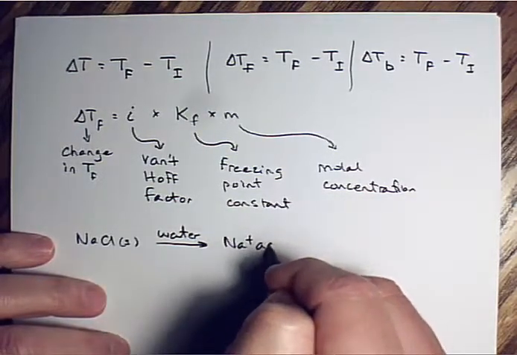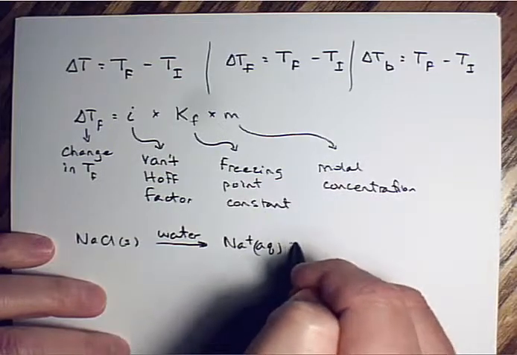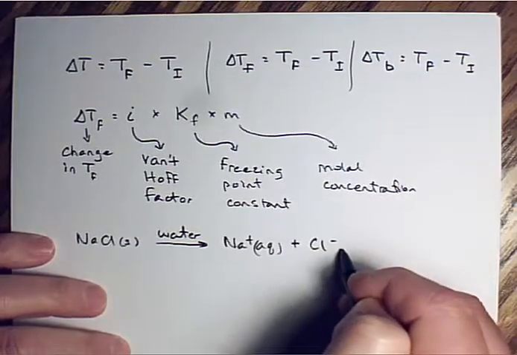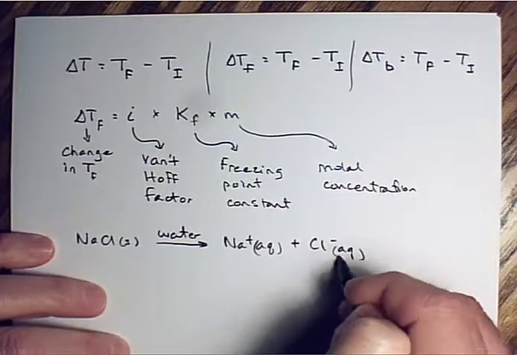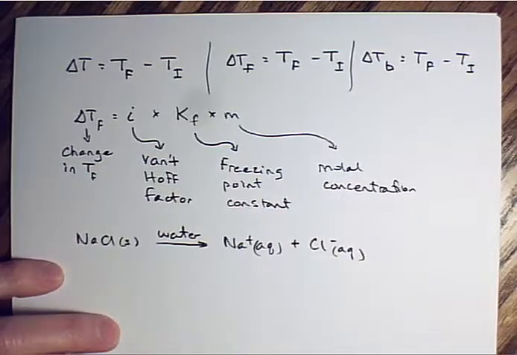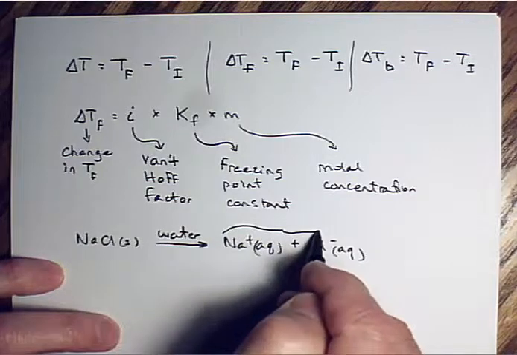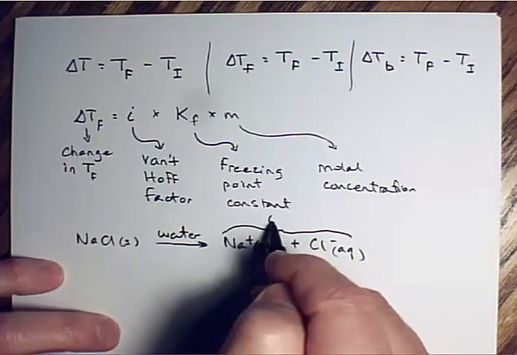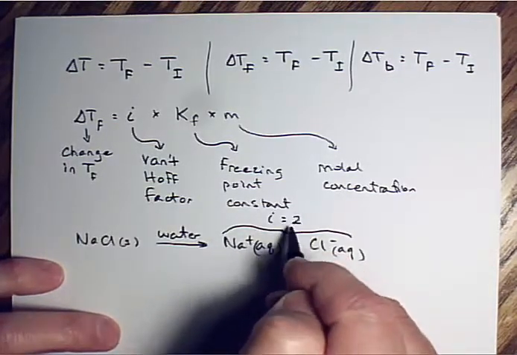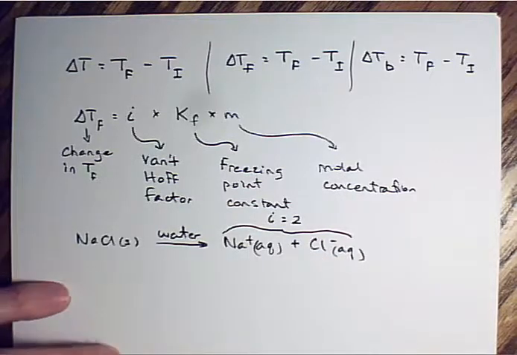Na plus and chloride ions. And how many particles is that? 2. So the van't Hoff factor then for sodium chloride in high school chemistry, we're going to say is 2. You with me?